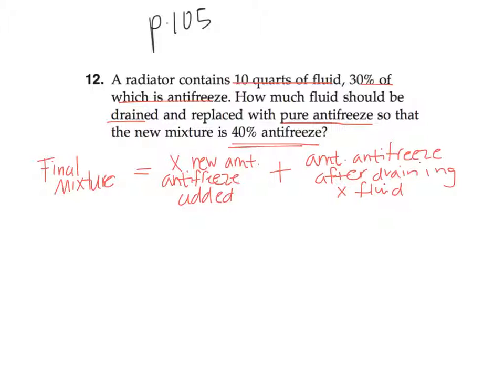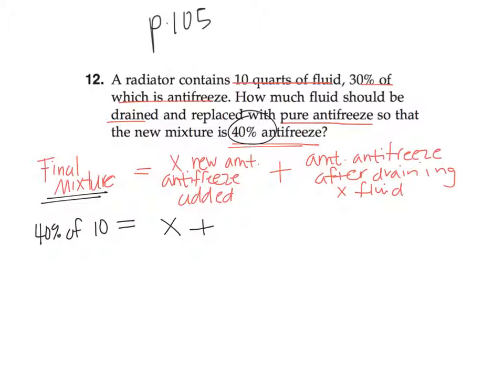So let's just try to turn this into a number sentence now. Our final mixture. What do we want our final mixture to be? Well, we want it to be 40% antifreeze. And how many quarts do we have? 10 quarts. So it's just 40% of our 10 quarts. The amount of antifreeze that we're adding, we don't know, that we call X. And the amount of antifreeze after we've drained X fluids.